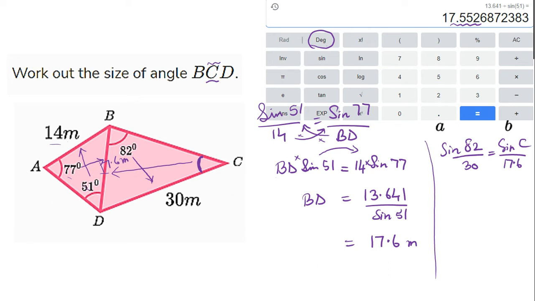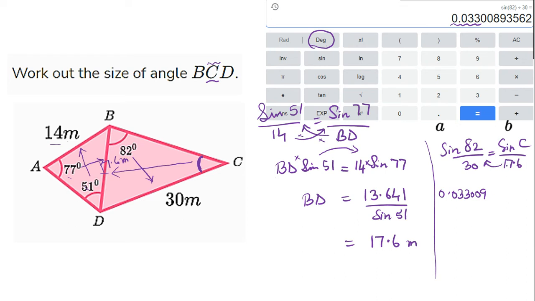So first thing I'm going to do is sine 82 divided by 30. Make sure your calculator is set on degrees, and sine 82 divided by 30 gives me 0.033009 and so on. Then I have to take my 17.6 to the other side because I want to find my C, and in order to find my C, I need to isolate it.